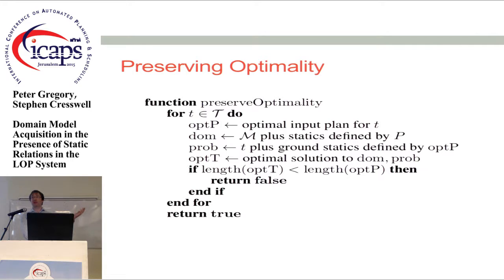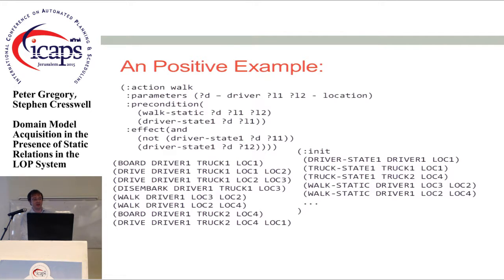I think everybody understood the outline. So this is a positive example. We have a walk static, which is between the driver and the two locations. This will preserve optimality, but it's not the minimum one.